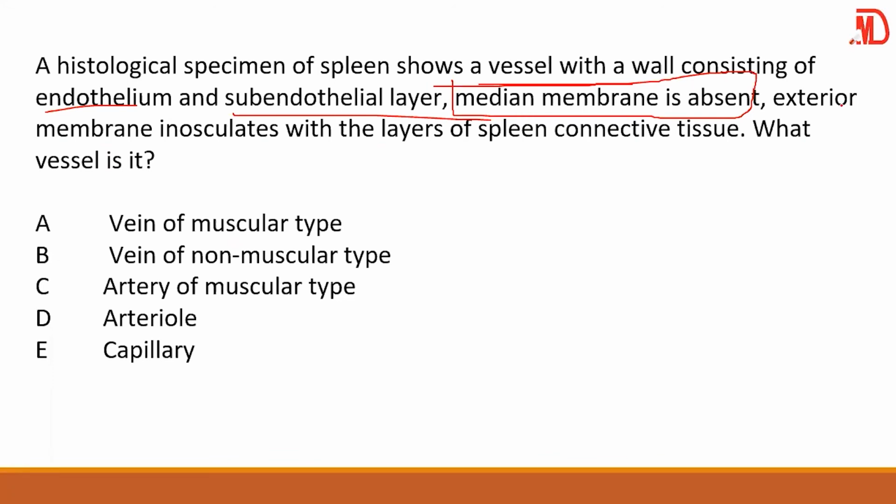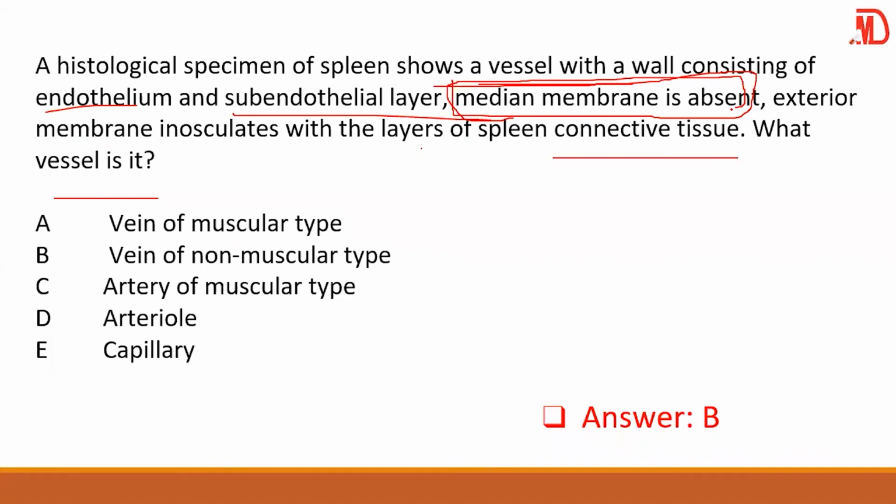They said the external membrane inosculates with the layers of the spleen connective tissue. What vessel is it? Definitely, you are thinking of a vein. And secondly, since the medial layer is absent, it means that this is a non-muscular type of vein. So your answer is B, non-muscular type of vein.